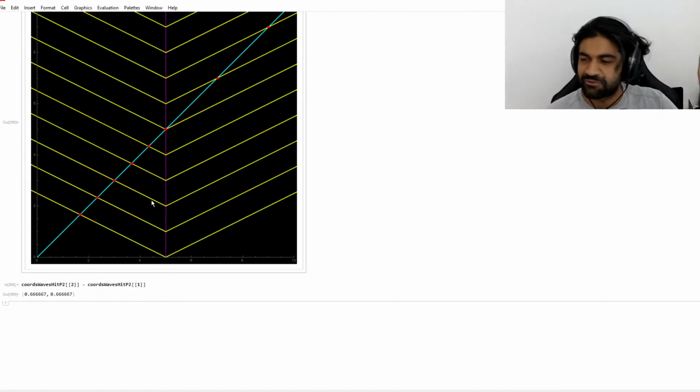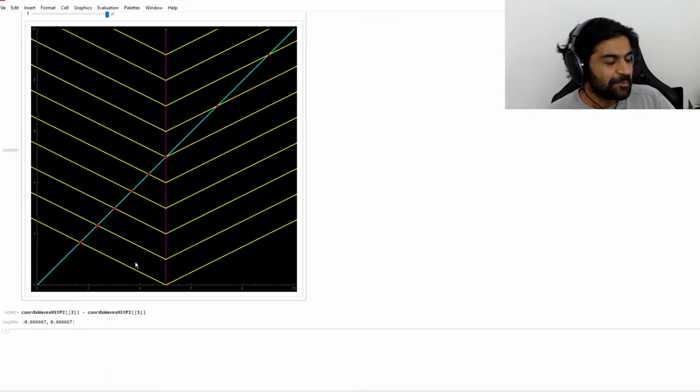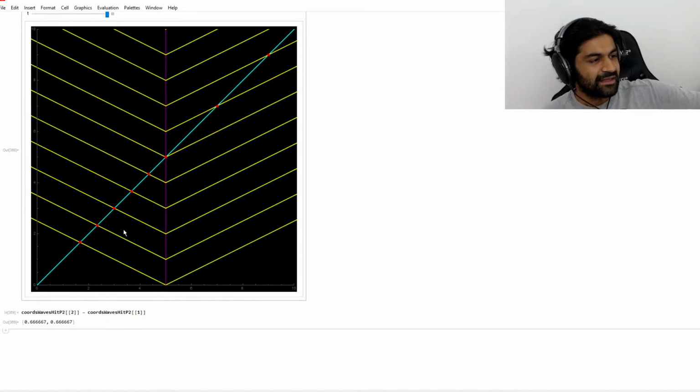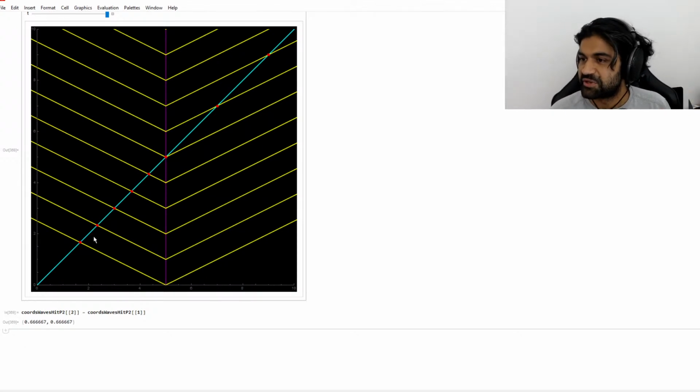And this 2/3 is coming from the numbers I chose from the slopes of this diagram. It's not like some universal constant or anything like that, okay? But as you can see, whatever the original frequency was, the new one is 2/3 of the original, just based on the numbers that I chose. And this is the situation when the waves are being emitted from the stationary object. Okay, there's a dilation effect of 2/3.